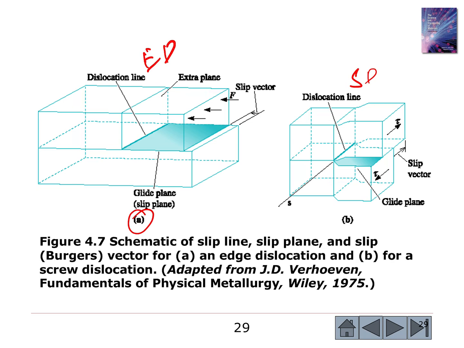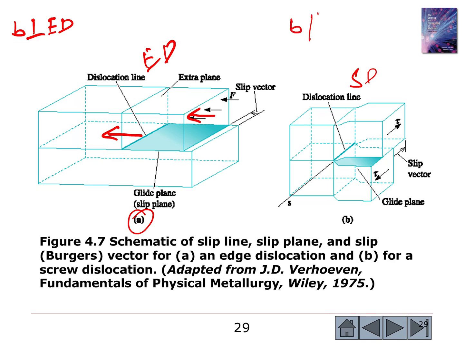So what happens is, if you put a force in the direction of the Burgers vector, in edge dislocation, the direction of the Burgers vector is perpendicular to the edge dislocation, but the motion of the dislocation line is parallel to the Burgers vector, and the reverse is true for screw dislocation.